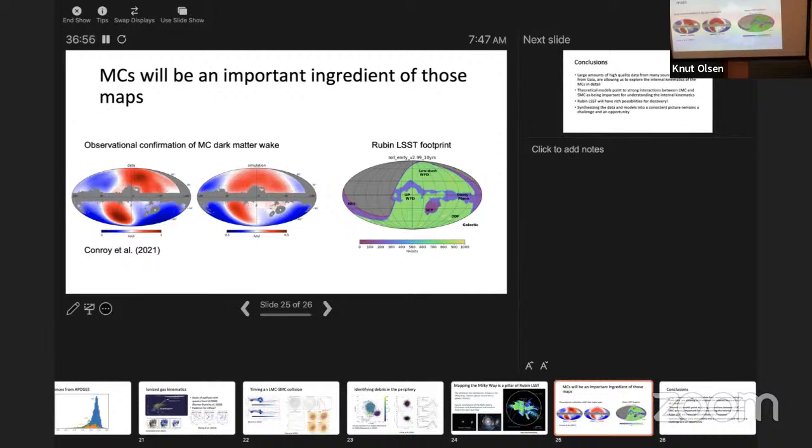So we could be probing this with our RR Lyrae stars, main sequence turnoff stars, all the tracers that we will get in Rubin, to try to piece together the structure in the Milky Way halo, and maybe discover new things that we don't know about yet either. So I think the discovery potential here is really, really huge.